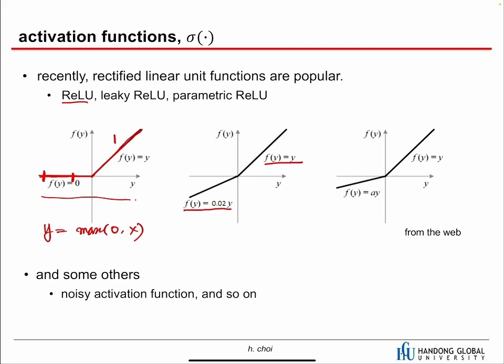In this figure it looks like a big number, but usually something like 0.02 or 0.01. Or instead of fixing this slope, why don't we have a parametric variable a? So that is parametric ReLU. Recently in deep learning, these functions are more popular. And there are some other functions too, like noise activation functions and so on.